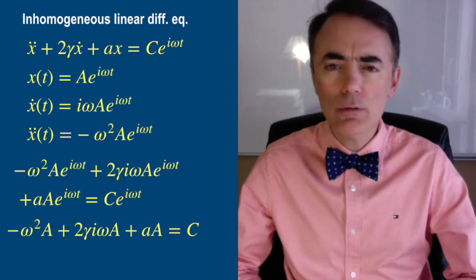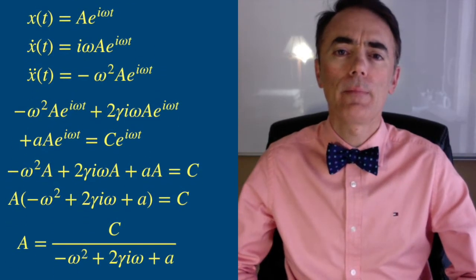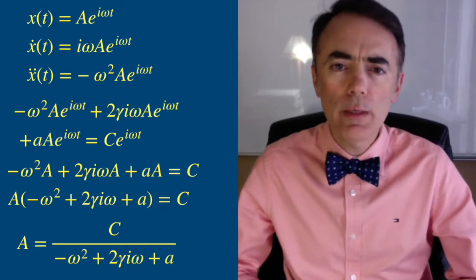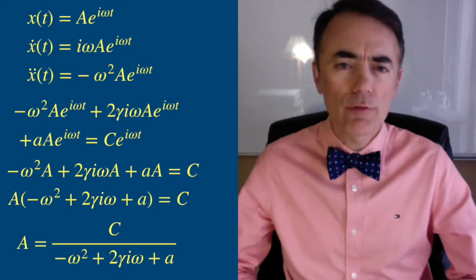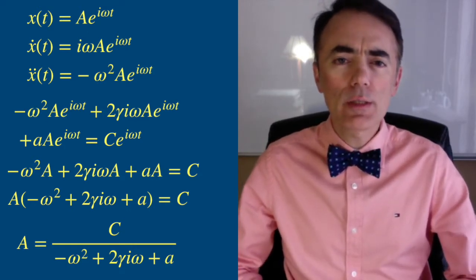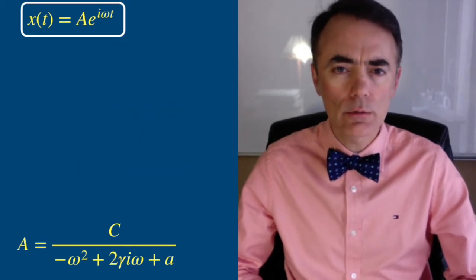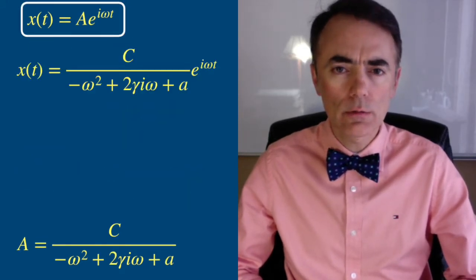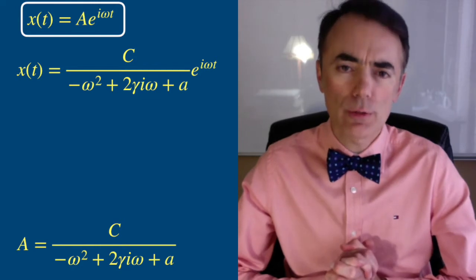Let me factor out A and solve for A. This is what A has to be so that my guess solution is a solution of the original differential equation. Let me substitute it in full into my guess solution. So this is a particular solution to the differential equation.